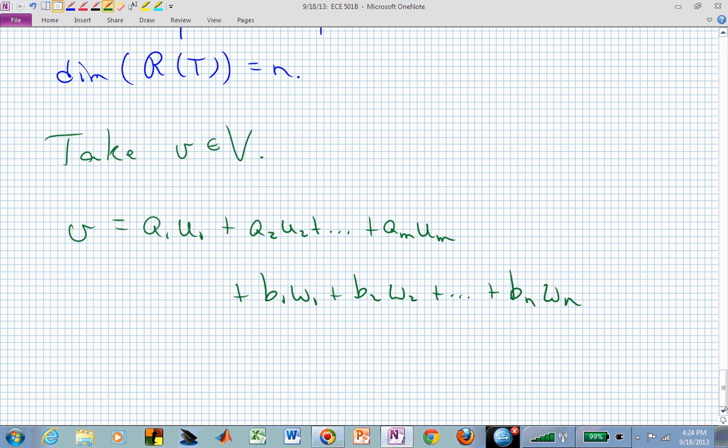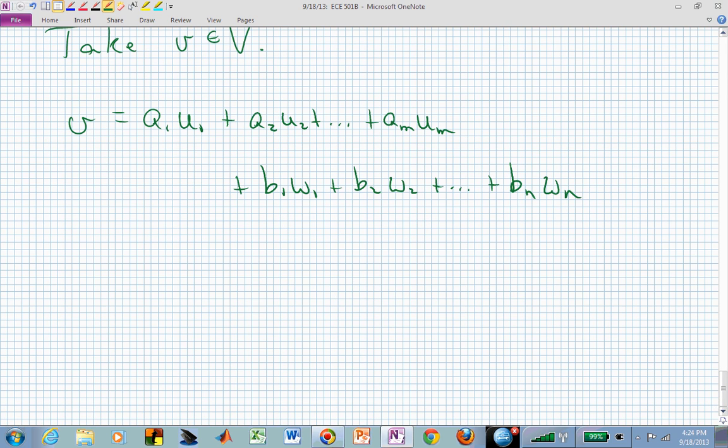Well, let's now apply the linear map T to v. So now we have T times v. But what is that going to be? We can actually not write down a lot of that, because we know T operating on u1 is going to be what? Remember what the u's were? They were in our null space, weren't they? So all of the T's times the u's are going to go away. They're in the null space, and all we have to worry about is T operating on the w vectors.